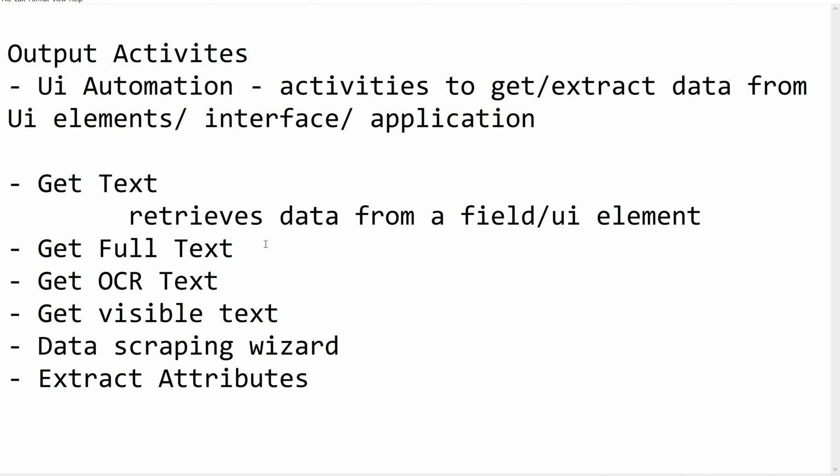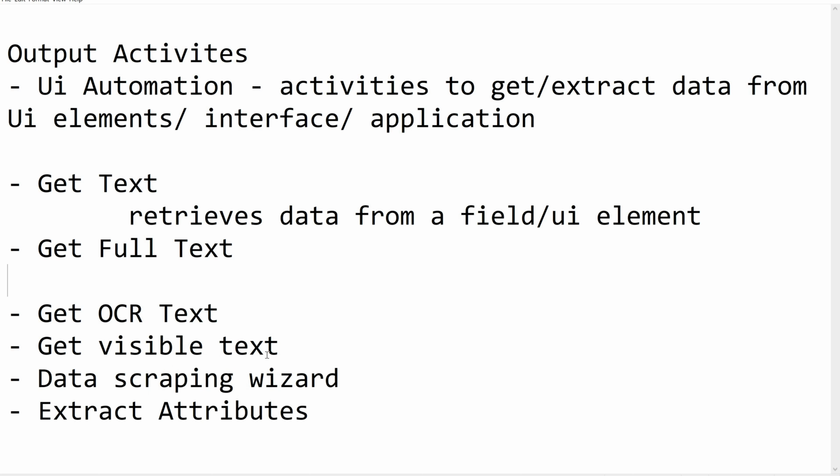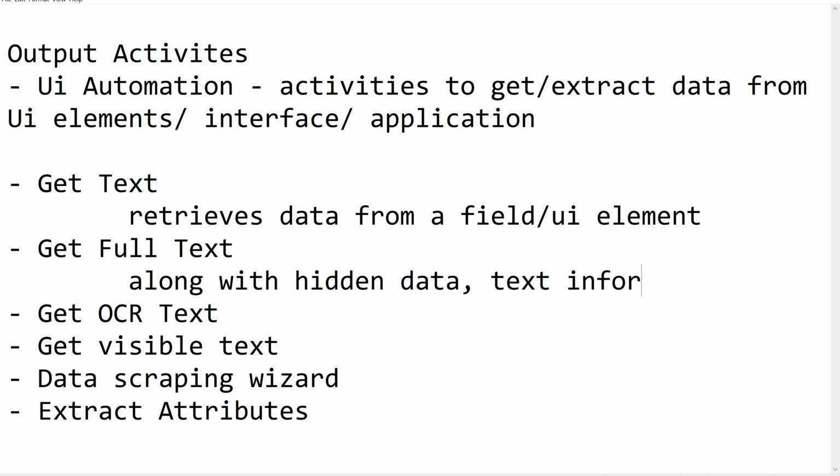Now let's see get full text. What it does is get the full text. As the name indicates, it is going to use our full text method. So when we are using screen scraping through the full text method, this activity will retrieve the complete full text, which means along with hidden data and text information.